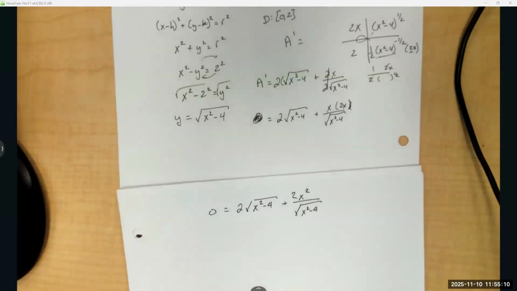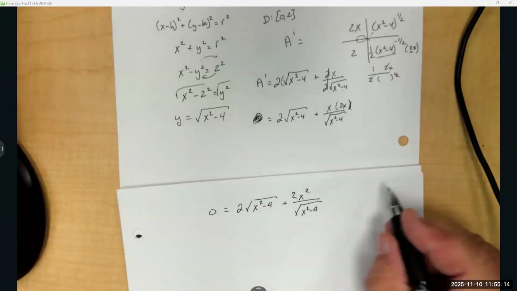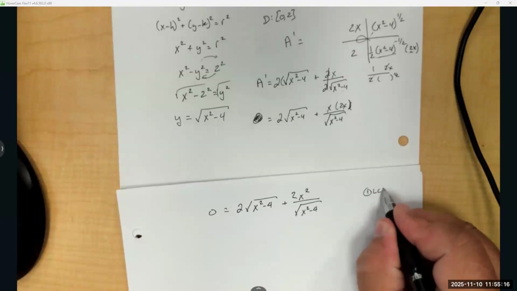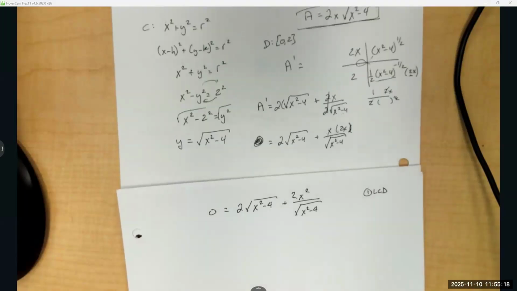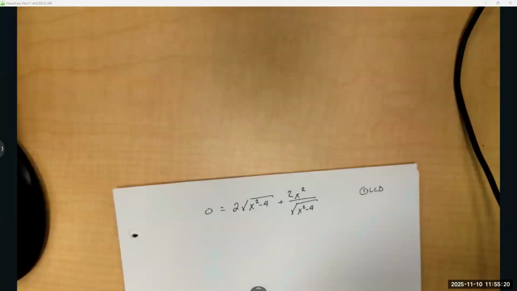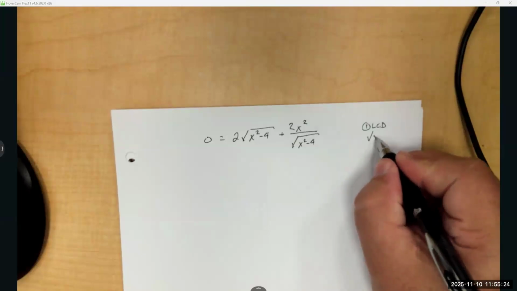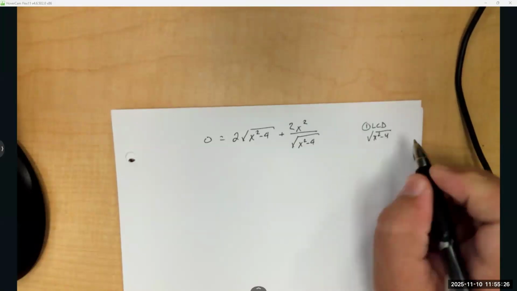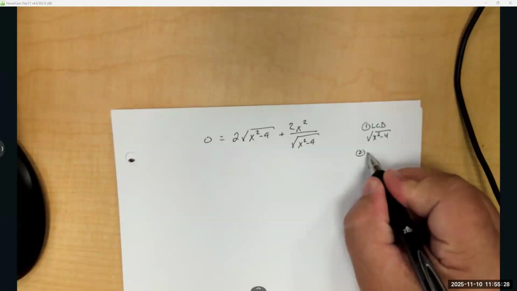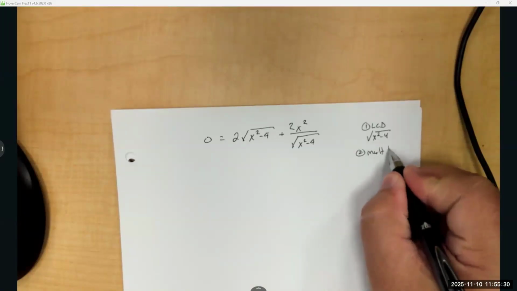Whenever you have fractions in the equal sign, to get rid of the fraction, find the LCD. The LCD in this case is simply the radical. Multiply it to each term.